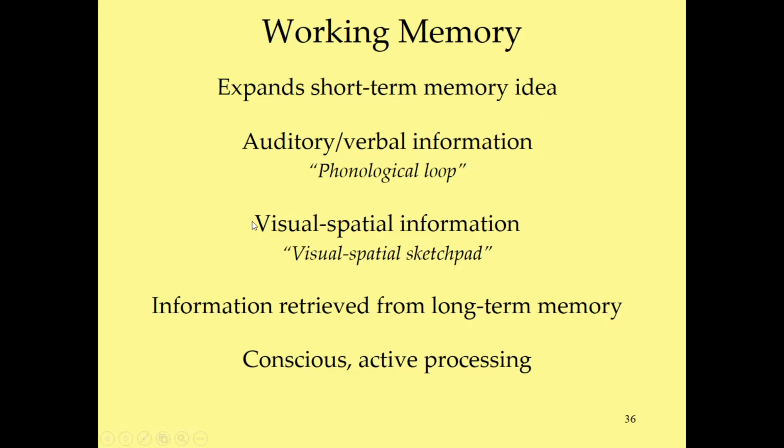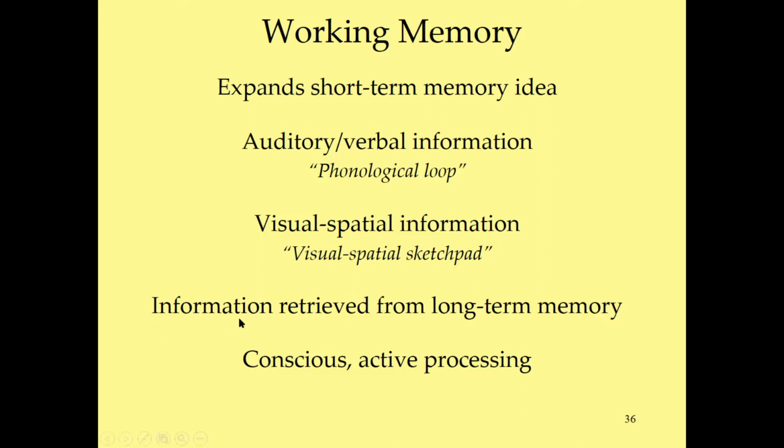Not only can we hold that information, but we can work with it in what they sometimes call our visual spatial sketch pad. So we're mentally thinking about that living room and how we're going to move the furniture around and rearrange that furniture. We can mentally do this while holding all of it in mind.